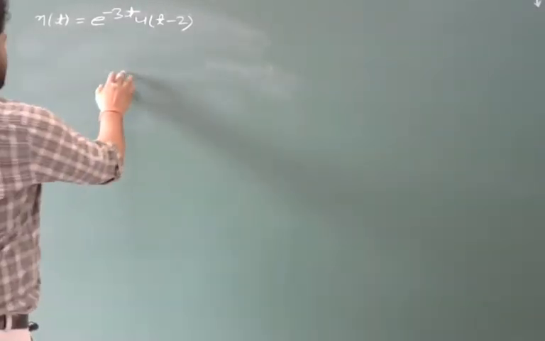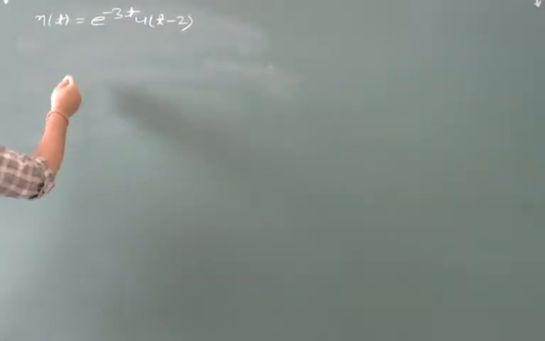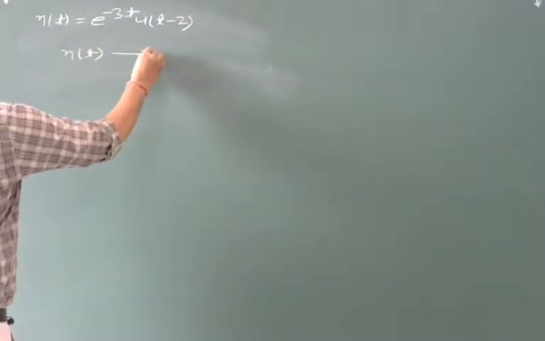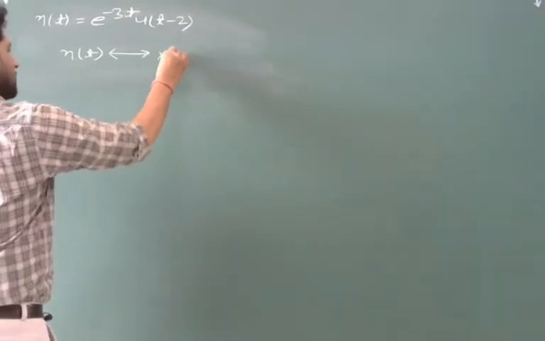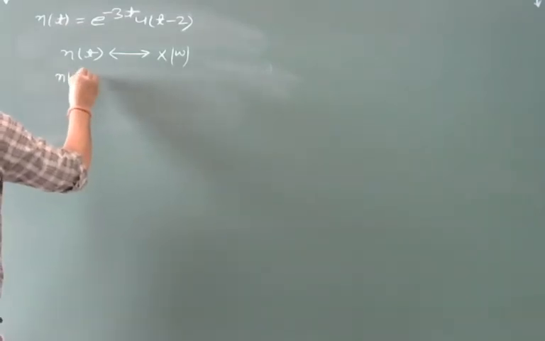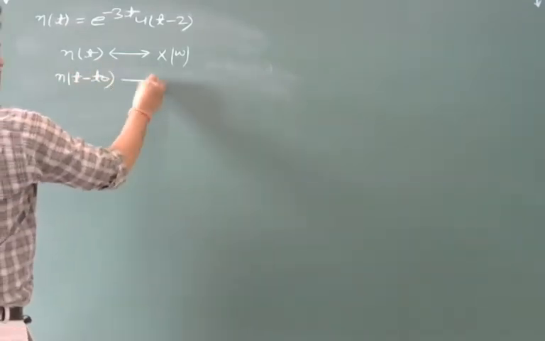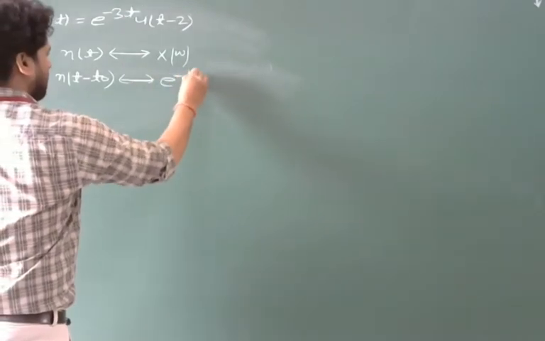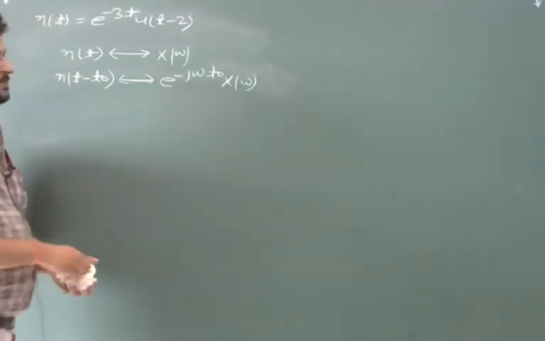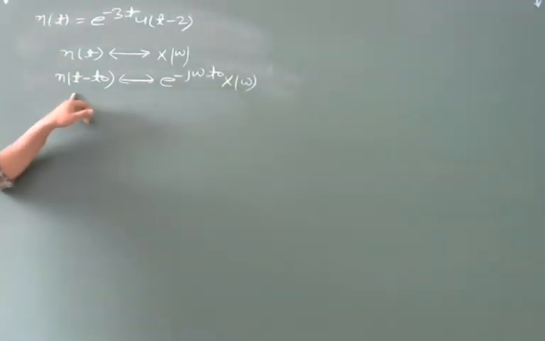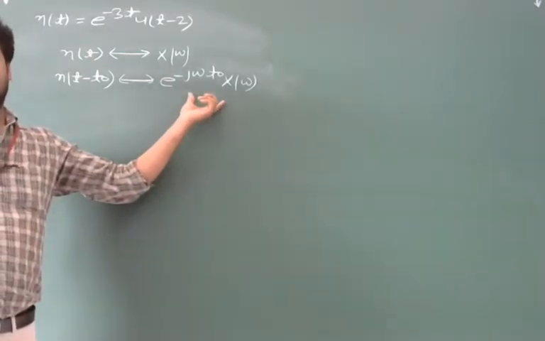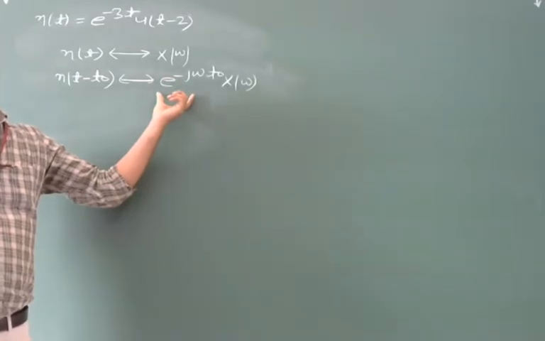If we want to apply the time shifting property of the Fourier transform, the property states that if X(omega) is the Fourier transform of x(t), then the Fourier transform of x(t - t0) will be e^(-j omega t0) X(omega). Meaning if the signal is shifted by t0 units in the time domain, then the signal in the frequency domain will be multiplied by e^(-j omega t0).